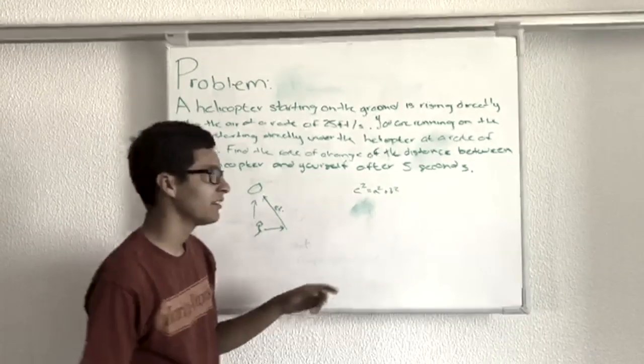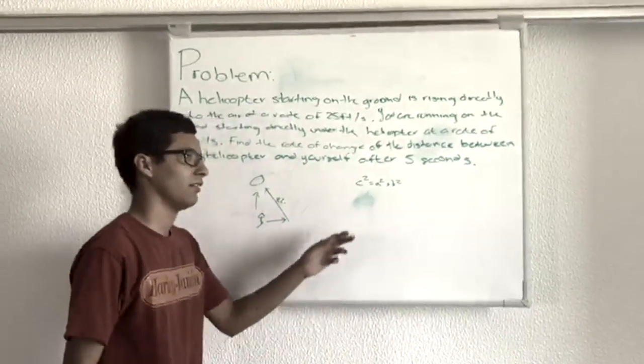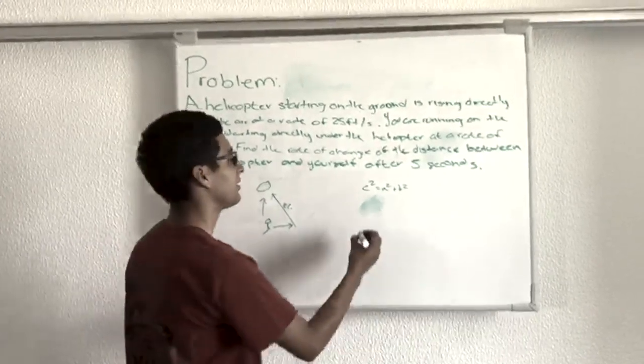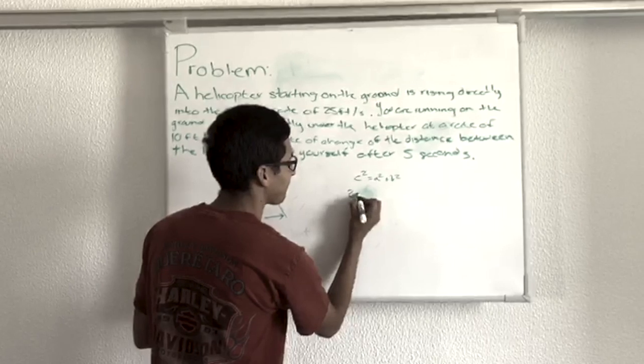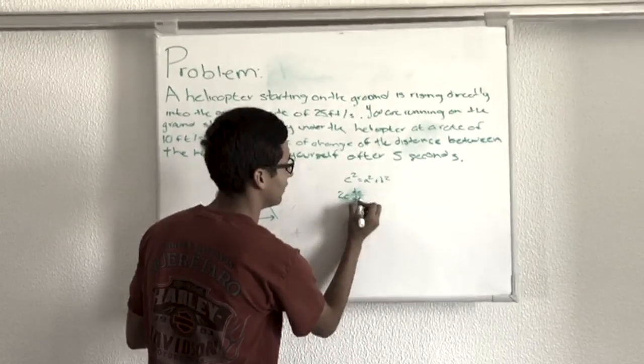For this, we're gonna need the Pythagorean formula, and from this one, we're gonna get the first derivative, which is 2c times dc over dt.